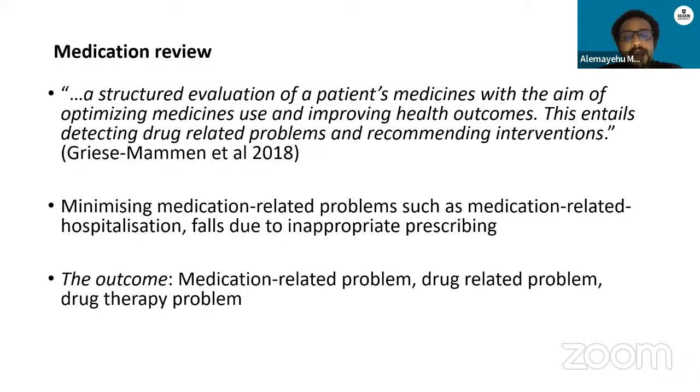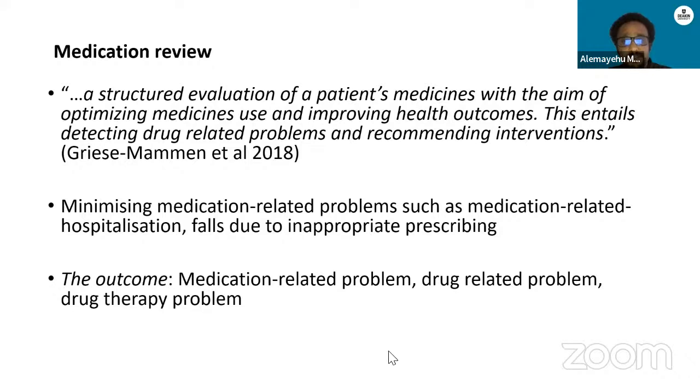It may have a number of terms: medication-related problem, drug-related problem, drug therapy problem. Whereas the outcome for medication reconciliation, what's the outcome for medication reconciliation? The outcome is medication discrepancies.